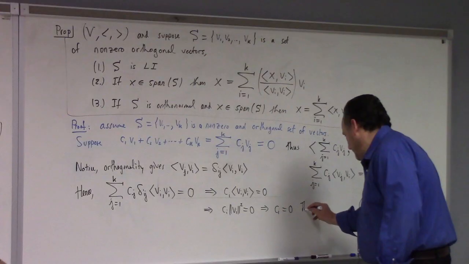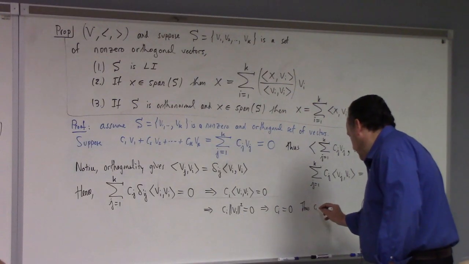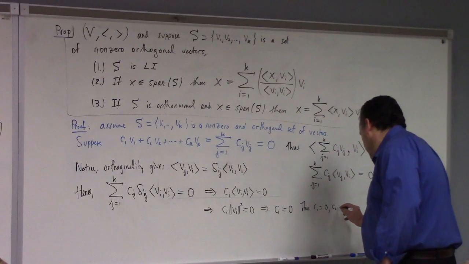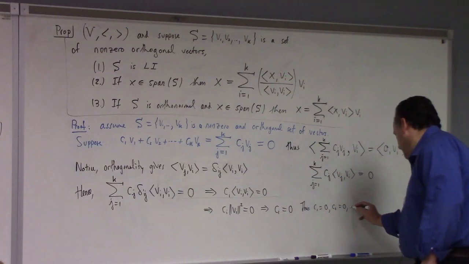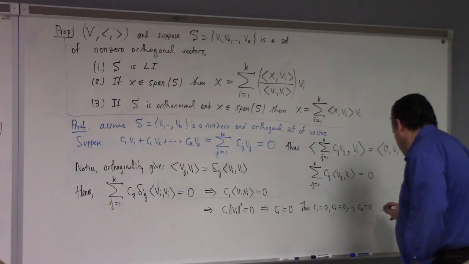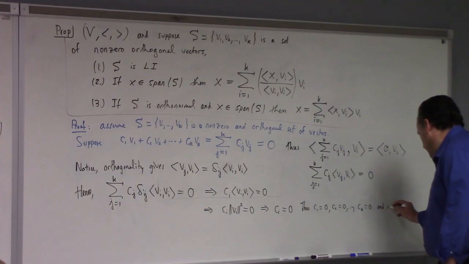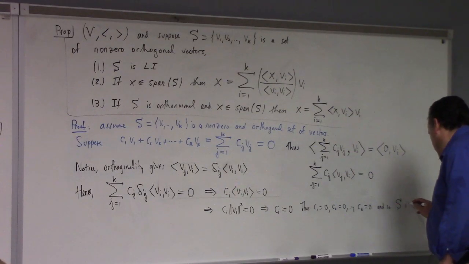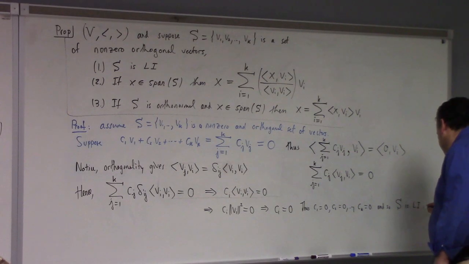Hence, I'll say thus, C1 equals 0, C2 is equal to 0. They're all 0, right? Ck is equal to 0, and so S is linearly independent.